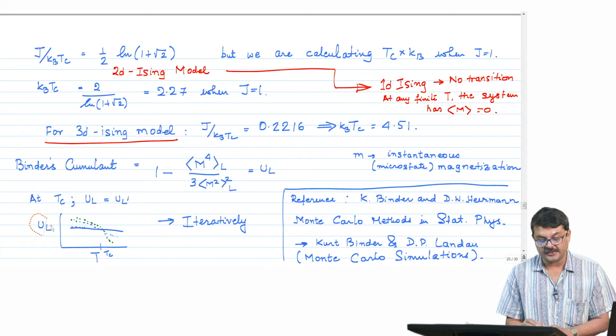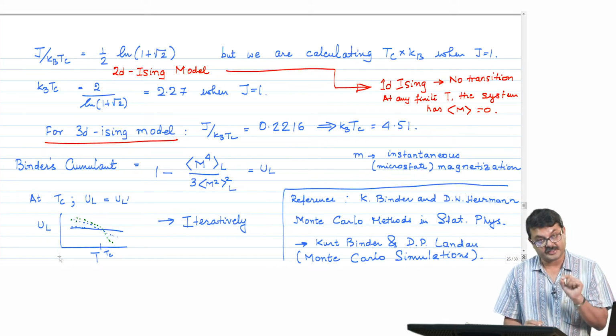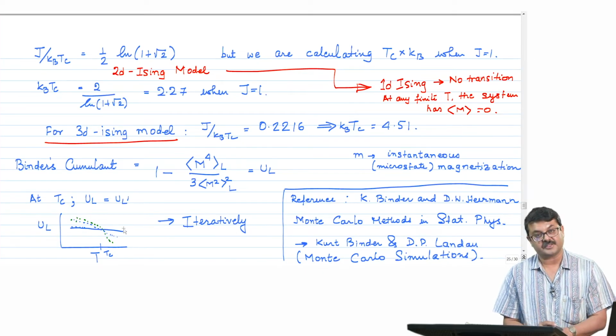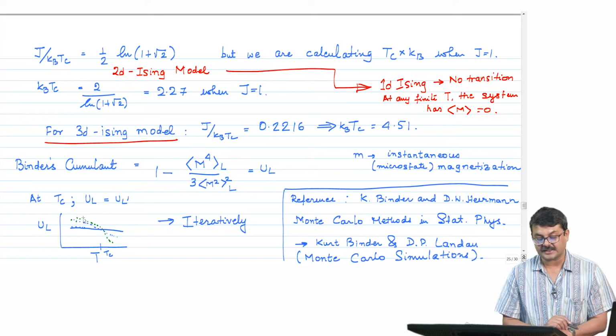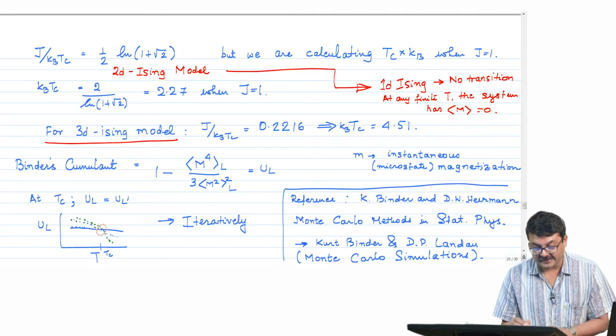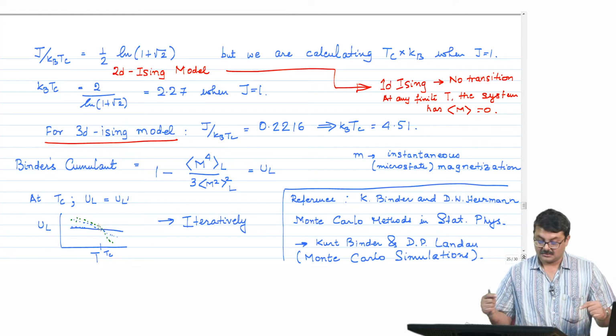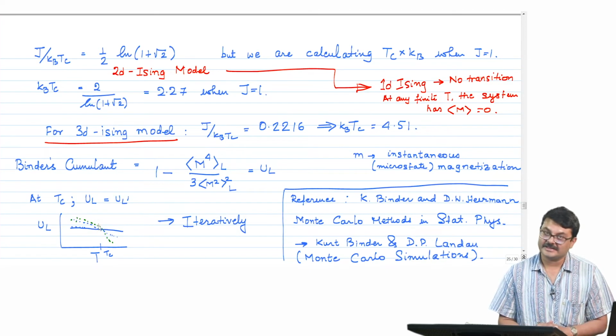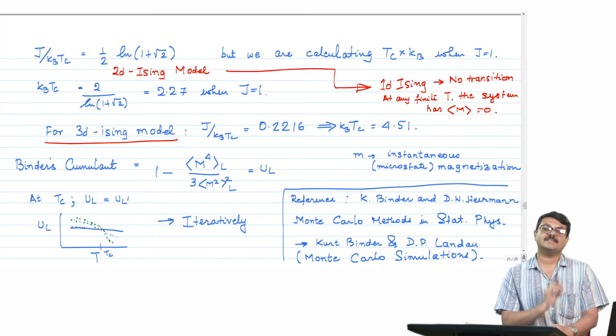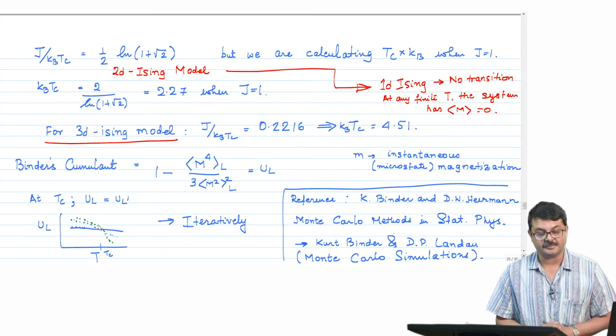You are calculating U of L near the critical temperature and plotting it as a function of temperature. These different lines are box sizes, and at the critical temperature all the lines will intersect. So, the point of intersection is essentially the critical temperature.